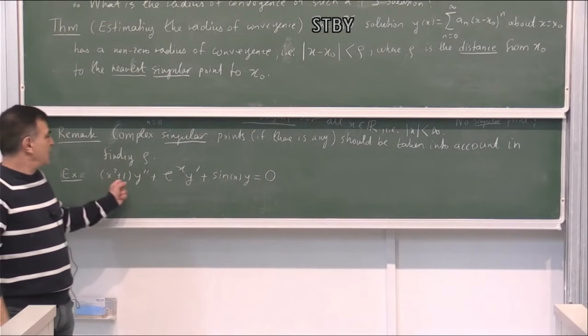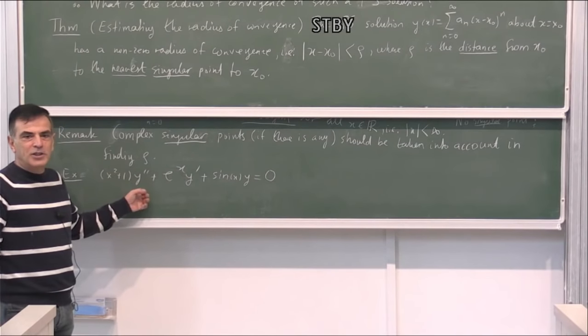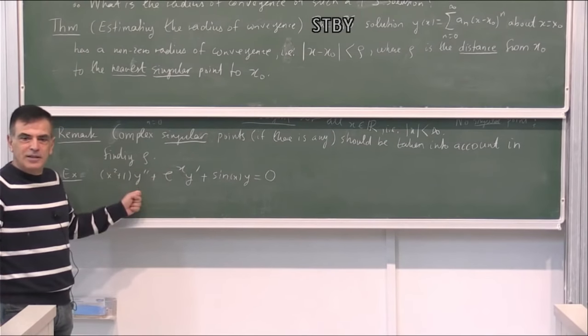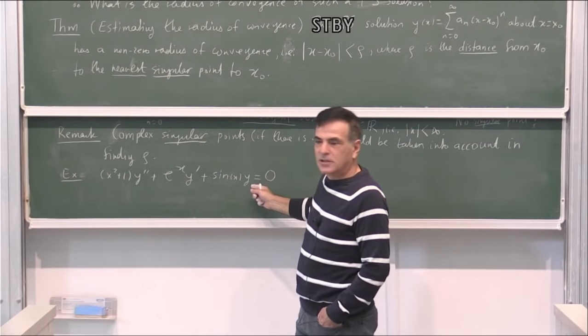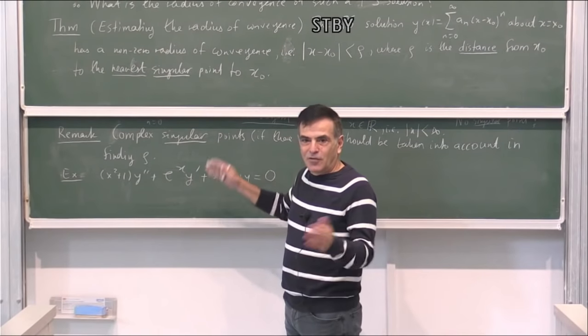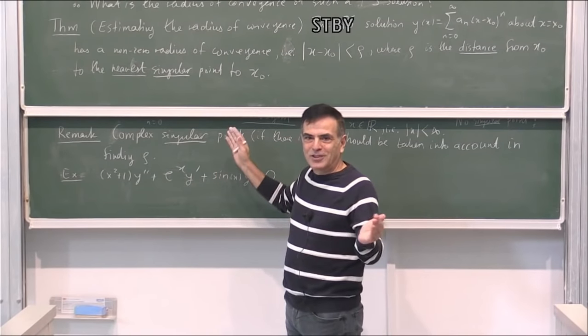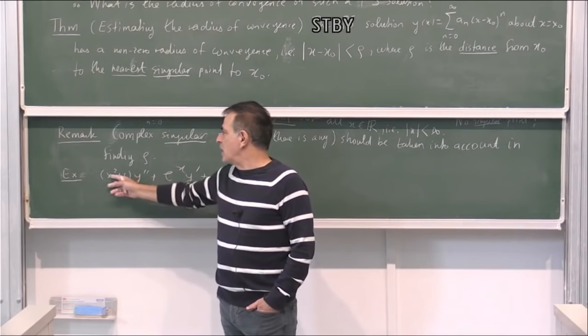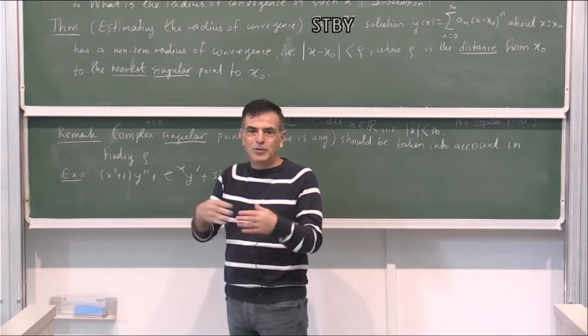Good? So we give the equation in the non-standard form. Coefficients are all analytic functions. Sine x has a very well-known power series expansion. E to the power x has a Taylor series representation. x squared plus 1 is a polynomial, so it is analytic.